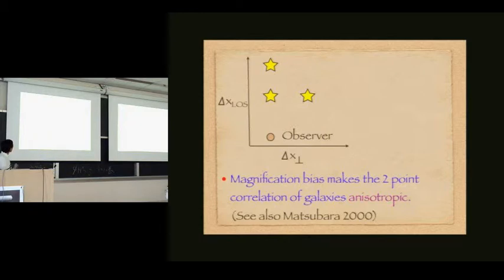In the following sense. Let's say you look at two galaxies separated along the line of sight in this orientation. As the galaxies get more and more widely separated, the intrinsic correlation between these two galaxies drops with separation, as you expect. On the other hand, the lensing correlation between these two galaxies actually increases with separation. In fact, the lensing correction is 0 if the lens and the source are at 0 separation.